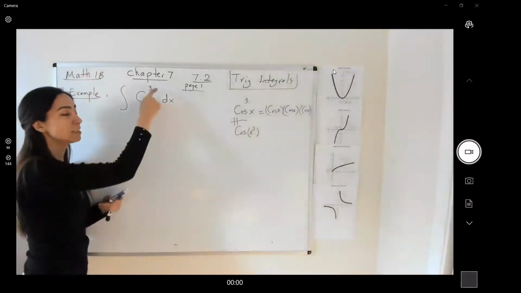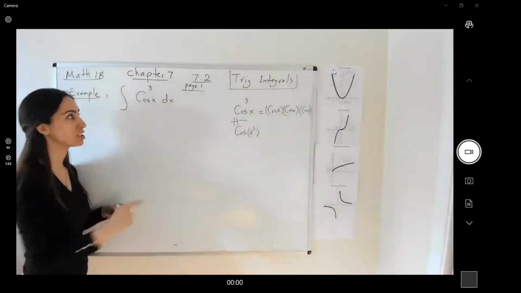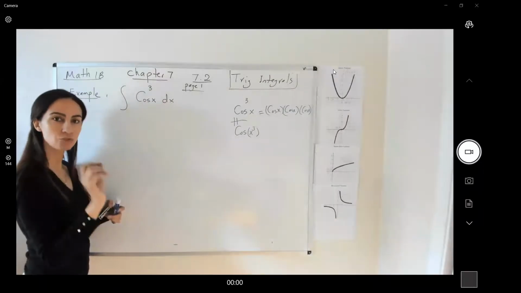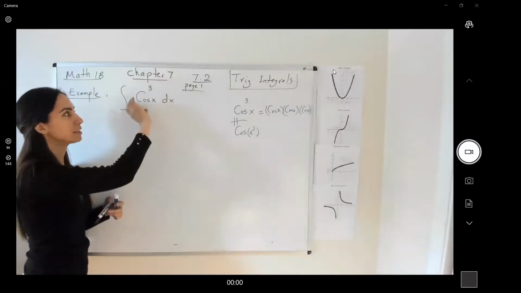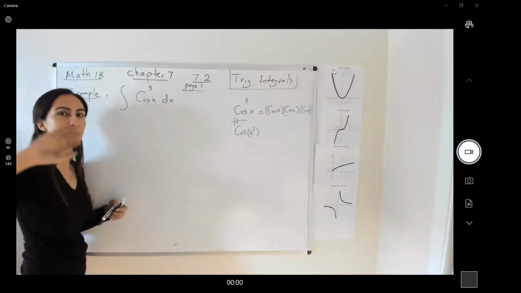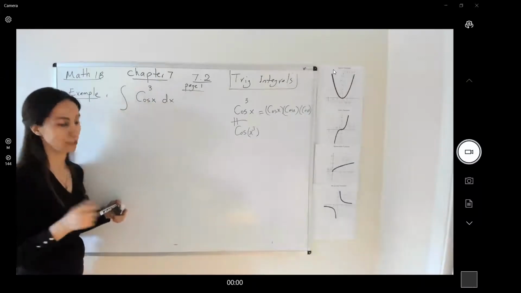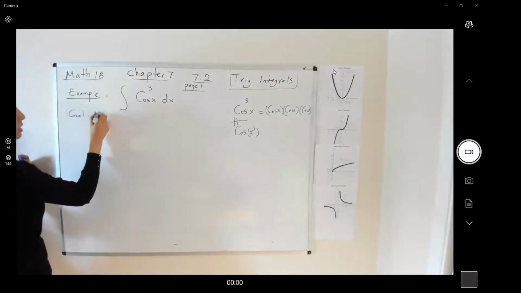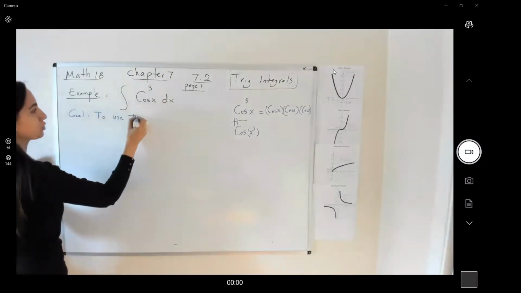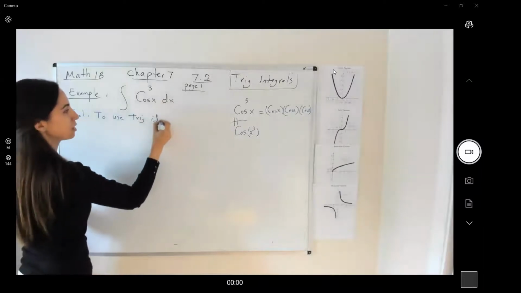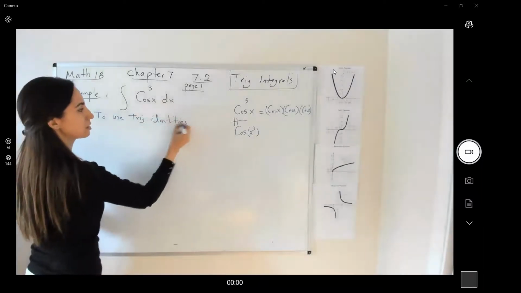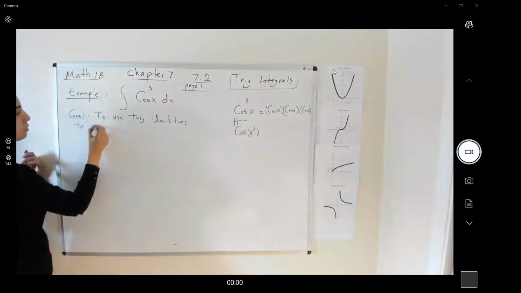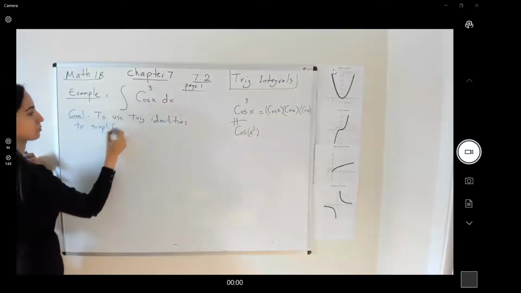When it comes to trig functions with exponents, try to rewrite them in a format where we can eventually use trig identities. So this is our goal. Our goal is to use trig identities to simplify the integral.